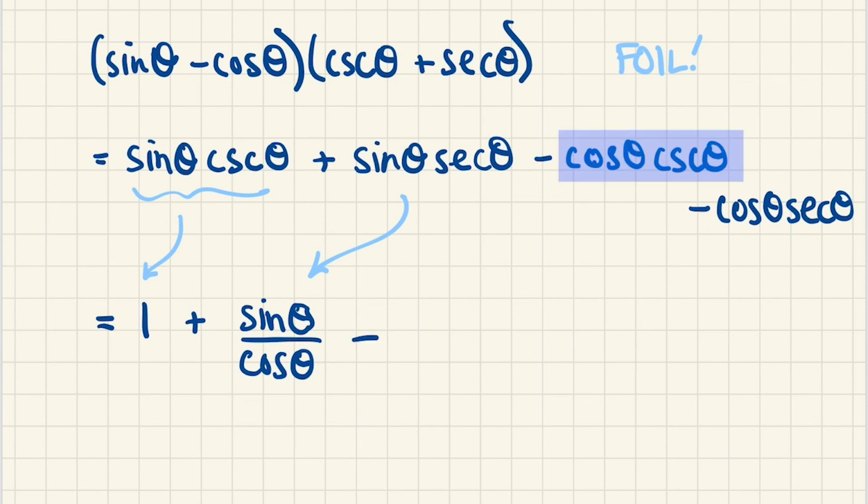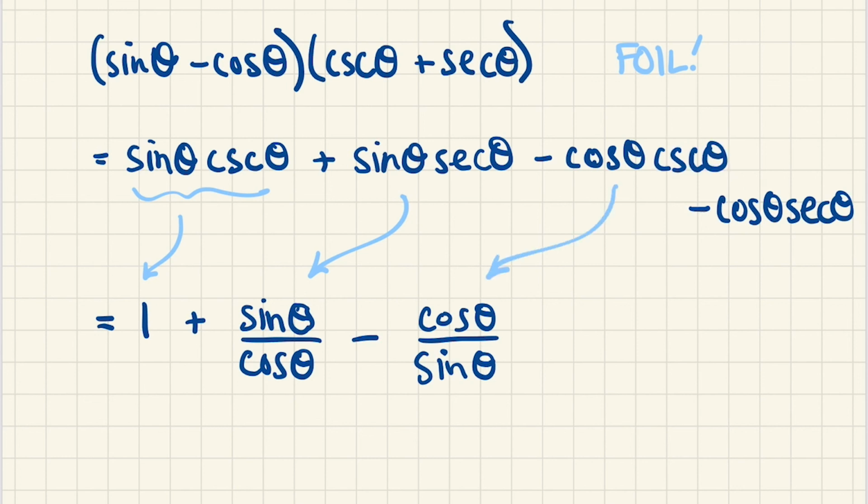So what's cosine cosecant? Well, cosine of theta is cosine of theta, but cosecant of theta is 1 over sine of theta. So we have cosine of theta over sine of theta, which we know is going to turn into cotangent of theta. We'll do that on the next round. And cosine of theta times secant of theta, well, that's 1. Again, because those are reciprocals.